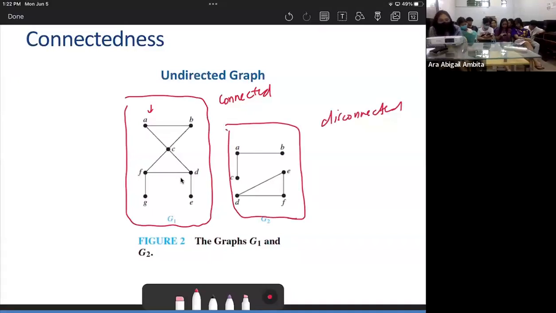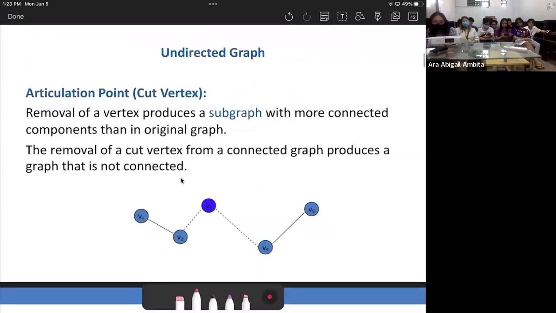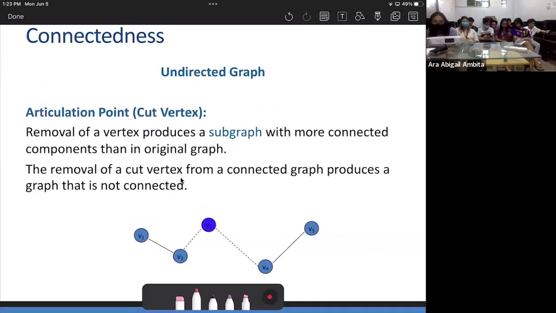Why? Bakit siya disconnected? Not all vertices. You're right. Not all vertices are connected. So, connected yung vertices A, B, at saka C. If you just remove just one vertex, it produces a disconnected graph.